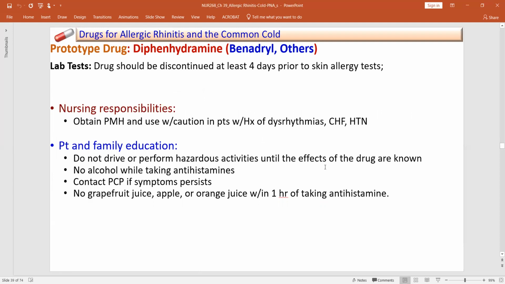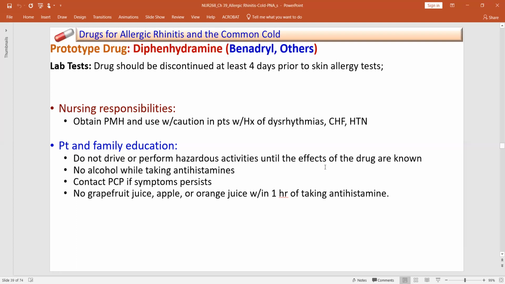In terms of lab tests, the drug should be discontinued at least 4 days prior to a skin allergy test. Otherwise, there will be a false negative result if the test is taken while on Benadryl. The nursing responsibilities: we will obtain the patient history and use caution in patients with dysrhythmias or a history of dysrhythmias, heart failure, or hypertension, because these drugs can cause vasodilatation.